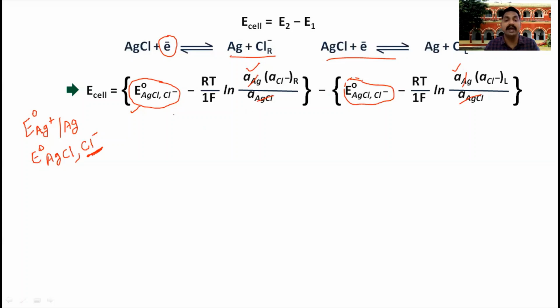Thus, what do we get? E naught AgCl to Cl minus and E naught AgCl to Cl minus both will be cancelled because there is minus here. So, what is left?